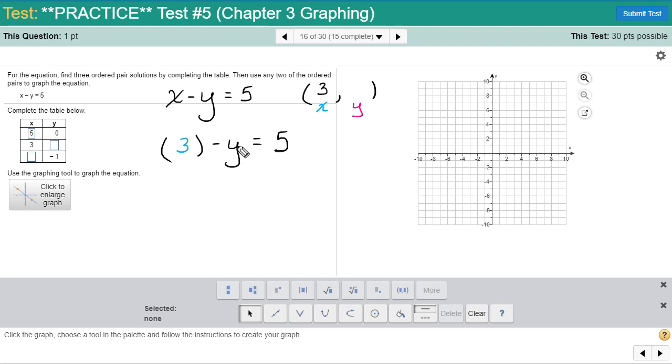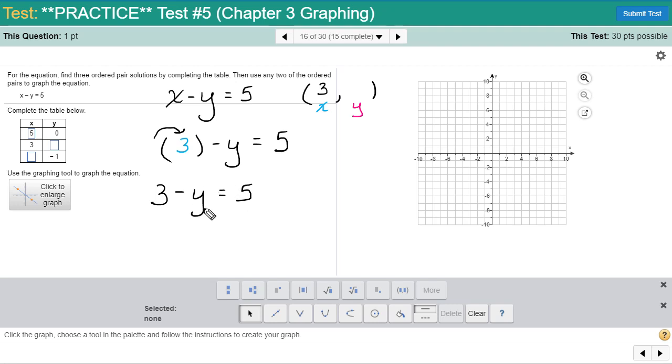So let's isolate this y. Let's solve for y. Well, as we've seen many times now in this practice test, the coefficient in front of that set of parentheses is a positive 1. So when we distribute, positive 1 times positive 3 is still positive 3 minus y is equal to 5.